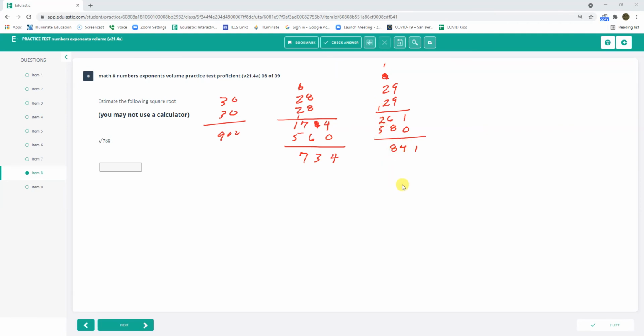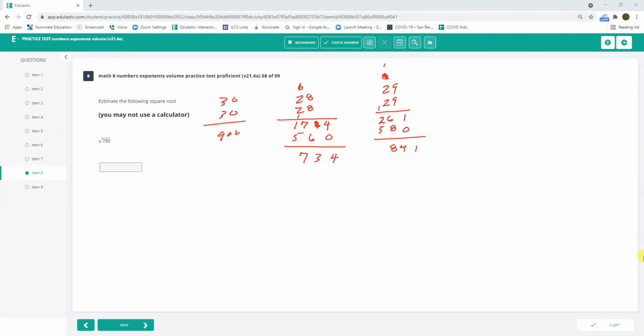So 29 times 29 is 841, and we want 785. It's somewhere between 28 and 29, isn't it? You know what? Let me try 28 again.